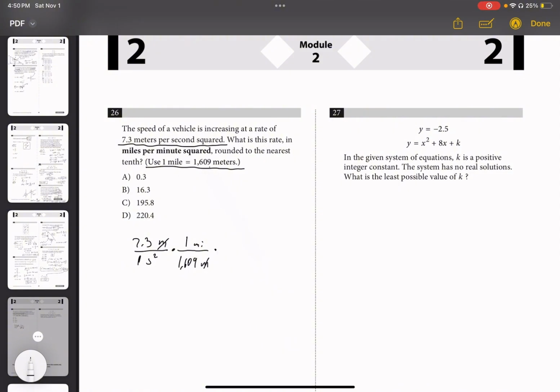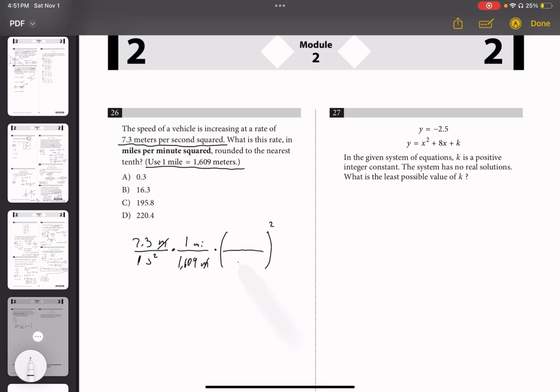We want miles per minute squared. So now we need minutes squared. And to do this, we have to convert the second squared. But you can't just square only a unit. It has to be its whole value and the unit. So that's why we're putting the squared on the outside here.